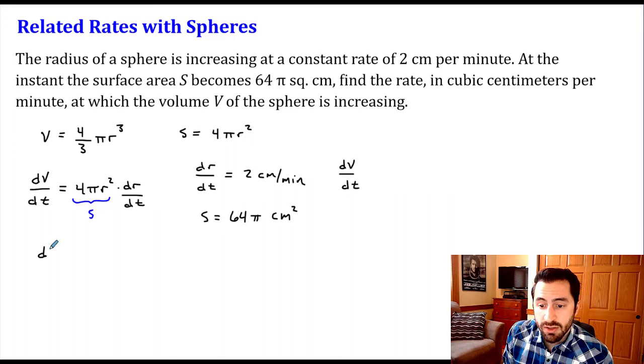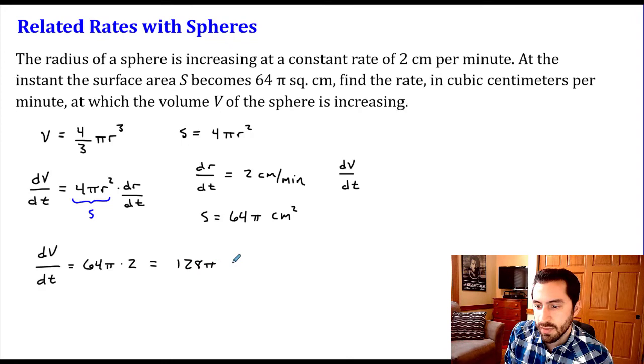I want to solve for the rate of change of the volume. This is surface area, and we want the surface area to be 64 pi. And the rate of change for our radius was 2 centimeters per minute, so we're going to multiply by 2. So that means that our volume is increasing at a rate of 128 pi cubic centimeters per minute.